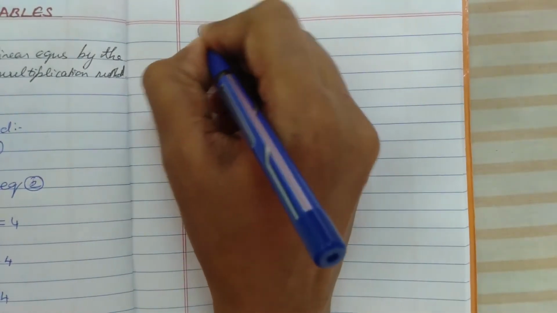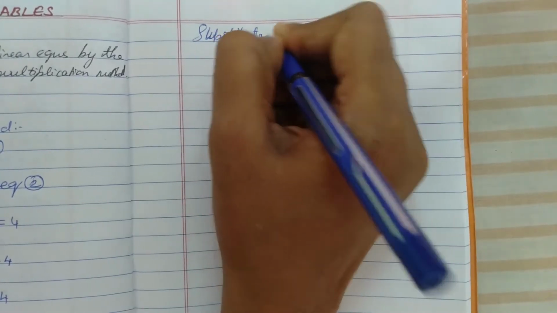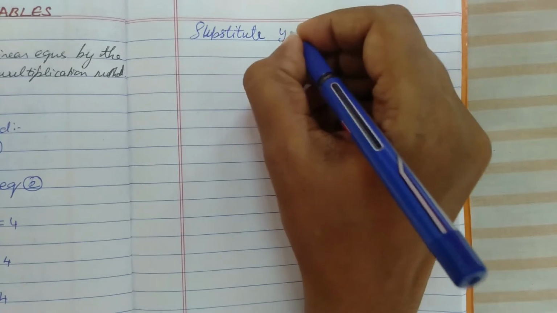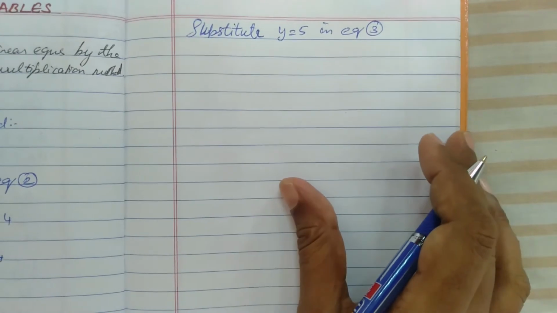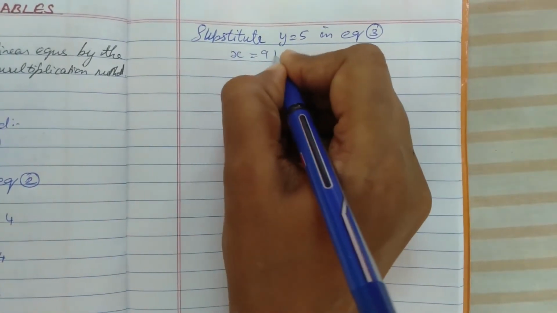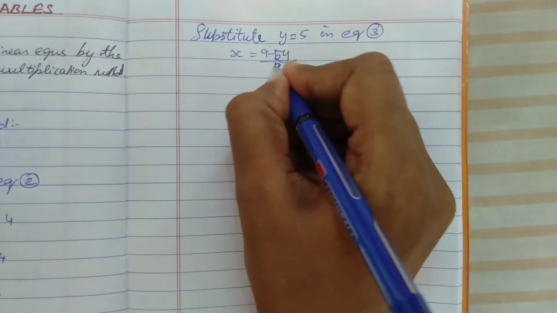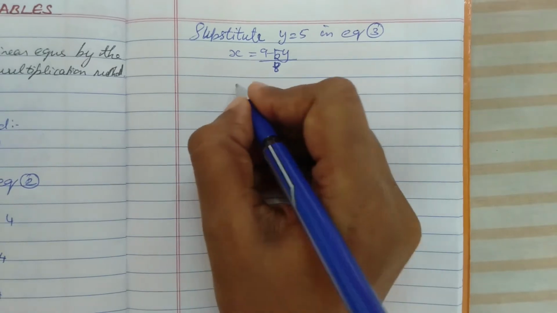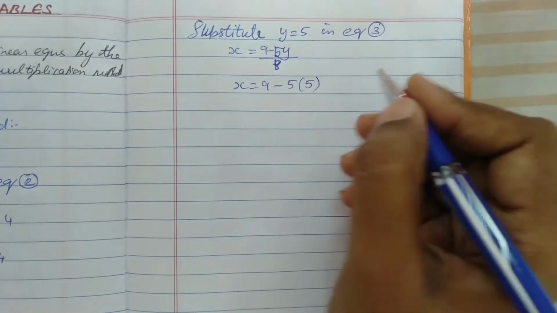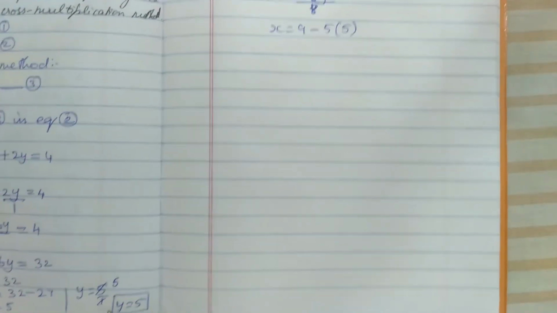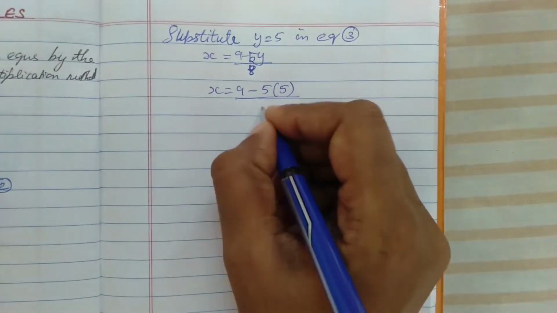So substitute y is equal to 5 in equation number 3. Our equation is x is equal to (9 minus 5y) by 8. Now I am going to substitute 5 in place of y, since the value of y is 5, and replace it here by 8.